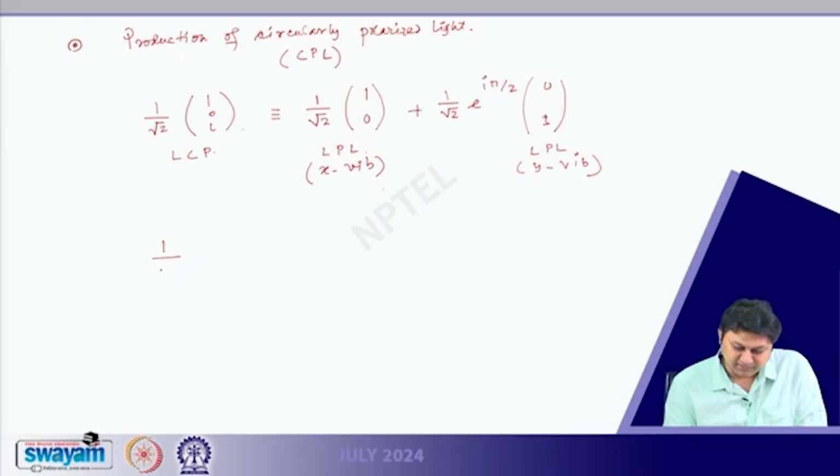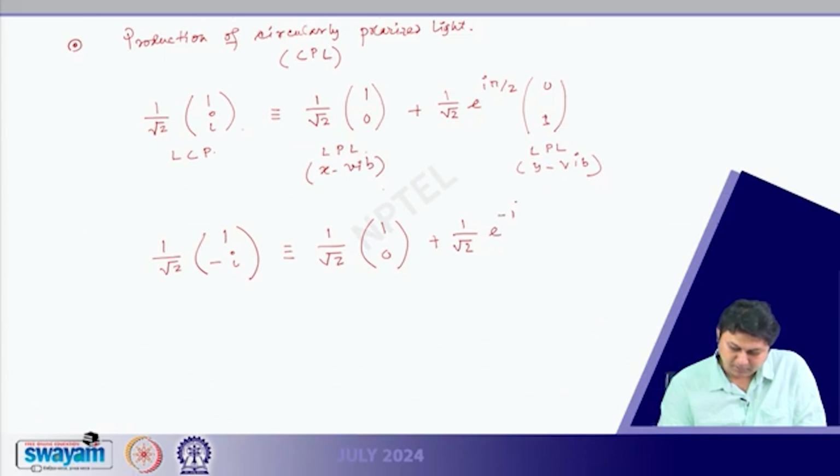In a similar way, the right circularly polarized light I can generate as a combination of two lights in this way. Here my phase will be negative pi by 2, and again this is X vibration, this is Y vibration, and the phase difference between the two components is minus pi by 2.